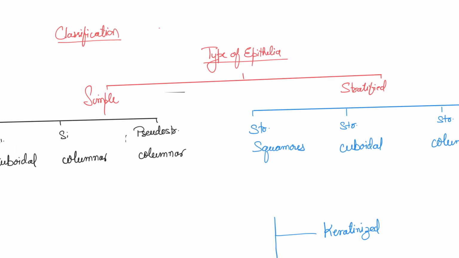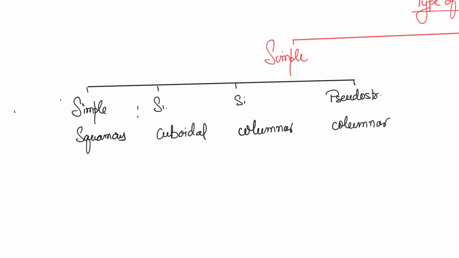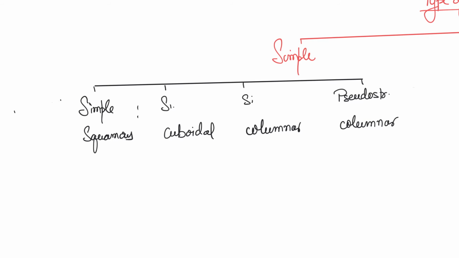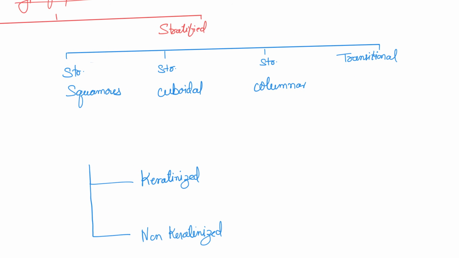First you divide them into simple and stratified, then divide each category according to the shape. So you can have simple squamous, simple cuboidal, simple columnar, and pseudostratified columnar. And similarly, at the other end, you can have stratified squamous, stratified cuboidal, stratified columnar, and transitional.